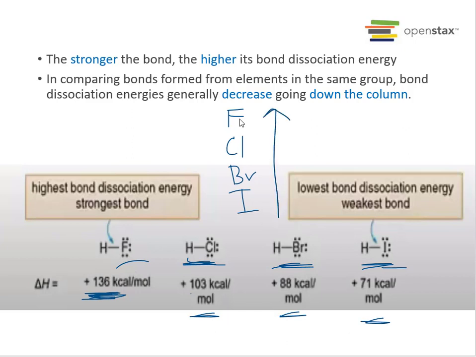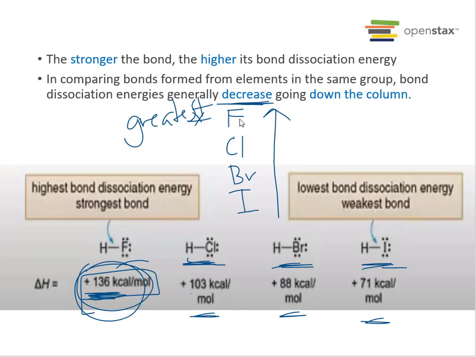So we can see that the bond dissociation energy is highest up at fluorine, right? This is the greatest number. So it decreases going down. So fluorine is my greatest, that means it's the strongest bond if it requires the most amount of energy to break that.